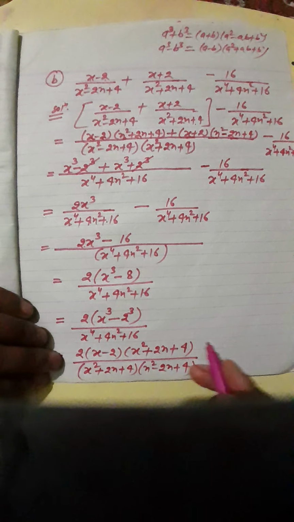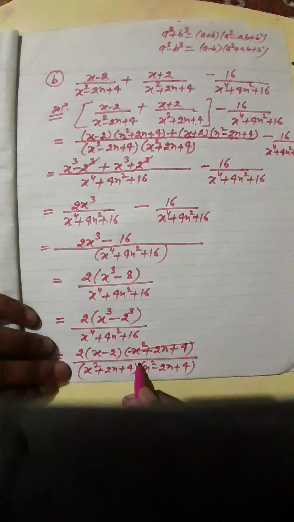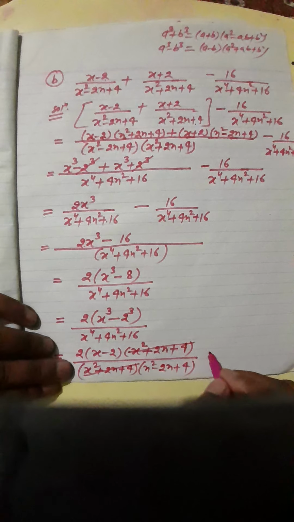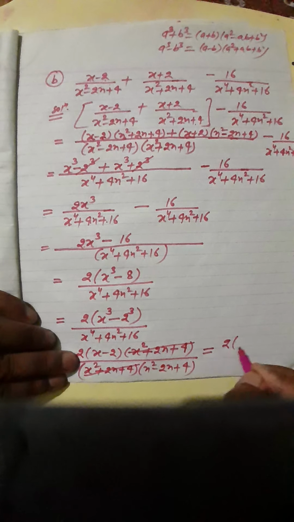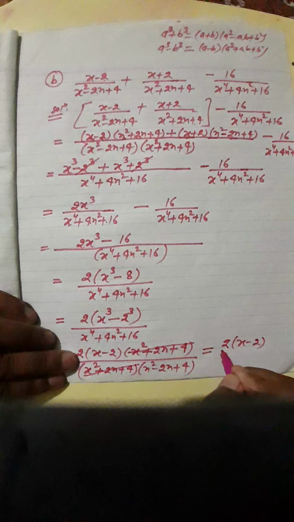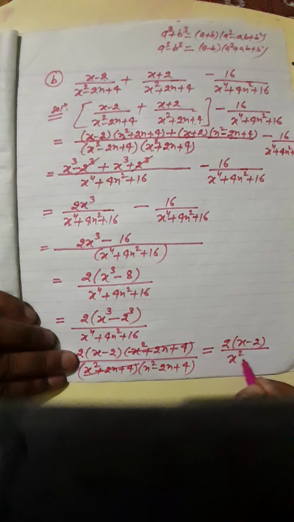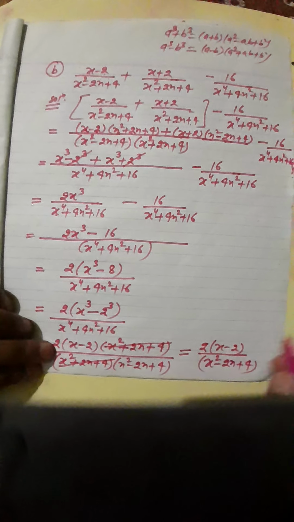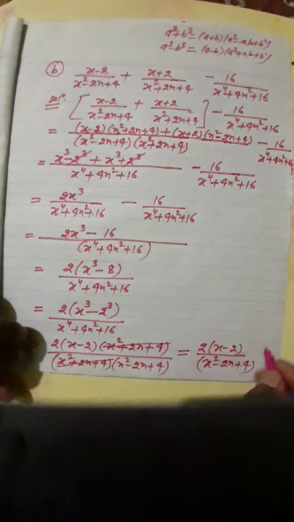And students, you can cut this common factor, down and up. Now remaining is 2 bracket x minus 2 divided by x square minus 2x plus 4. So this is remaining, so this is our answer.